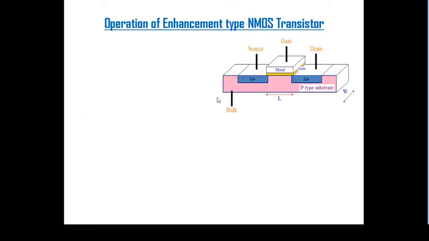Now this is the simple cross-sectional diagram: oxide layer, metal gate, source, drain, p-type substrate. Initially we take the p-type substrate. Now, operation with zero gate voltage. With no gate voltage, this is an N region, this is P, and this is N plus.